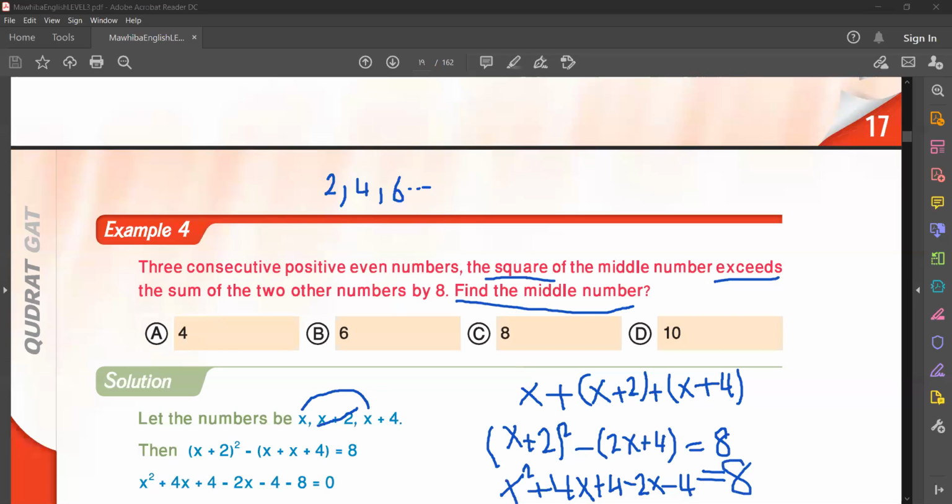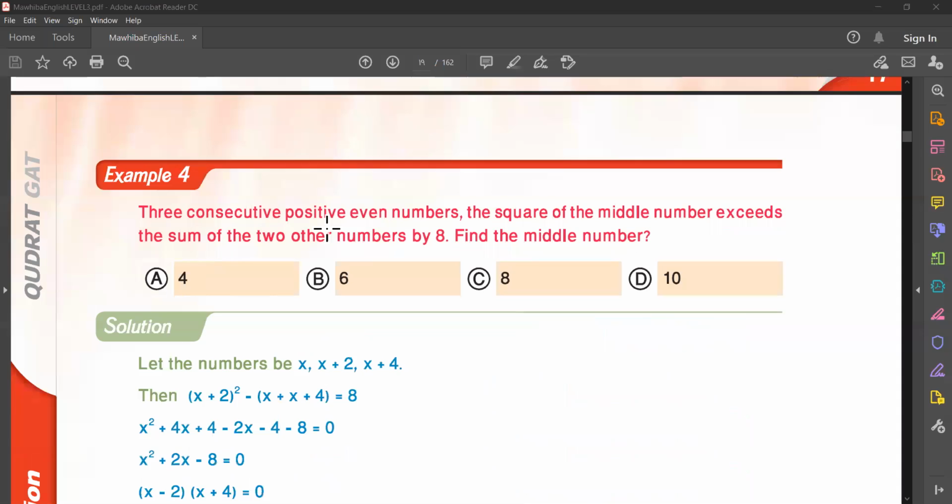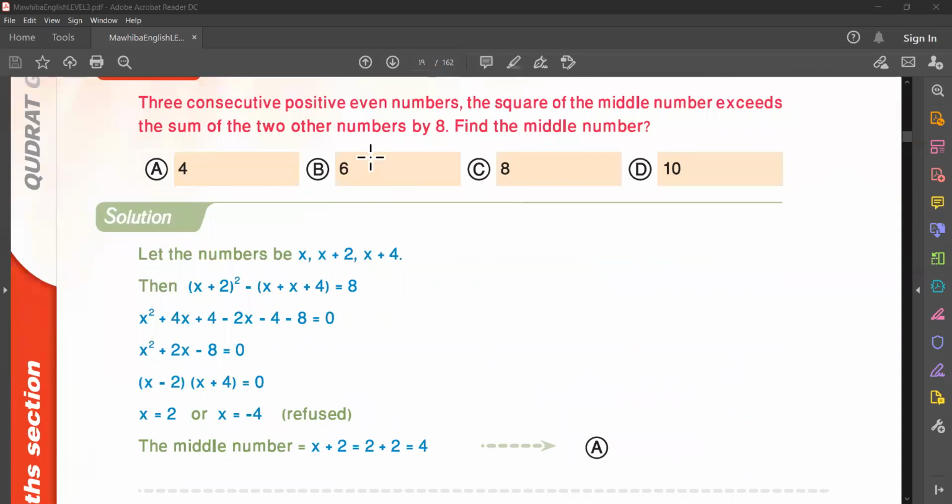So you find x first. Now you can simplify minus 4 with plus 4. Also here, 4x minus 2x. You get it here like this. I show you.